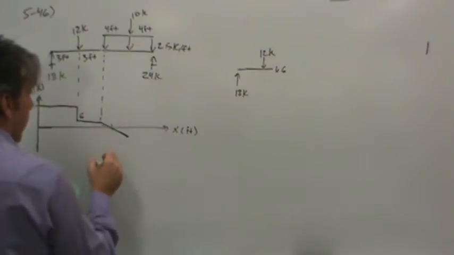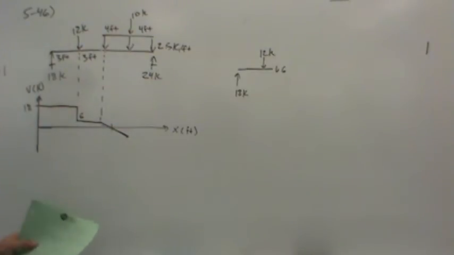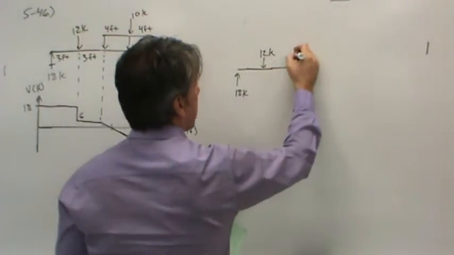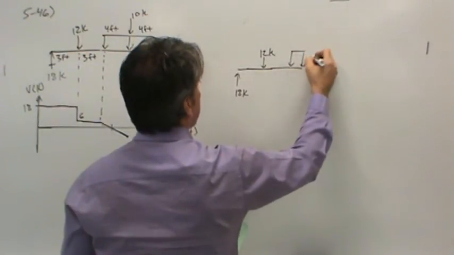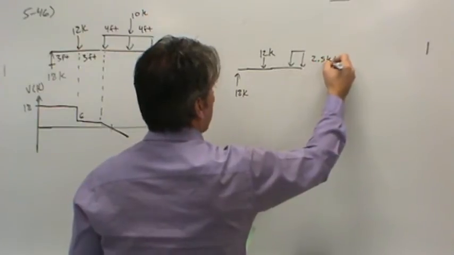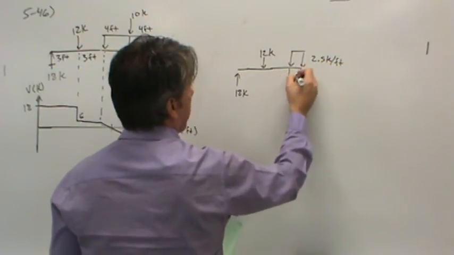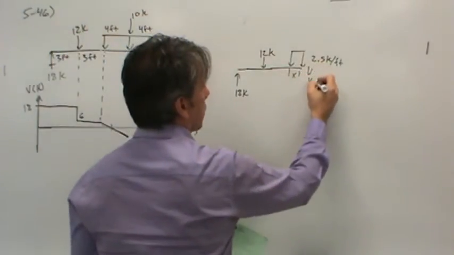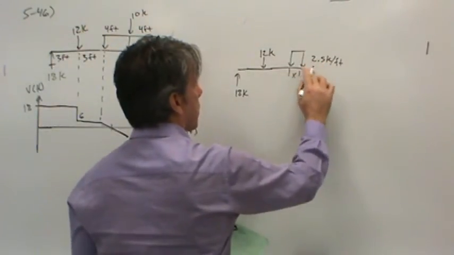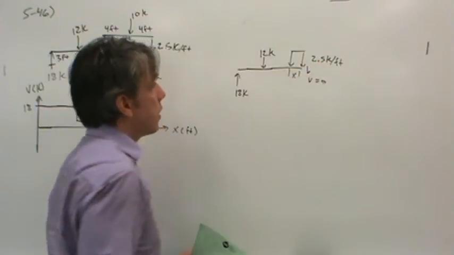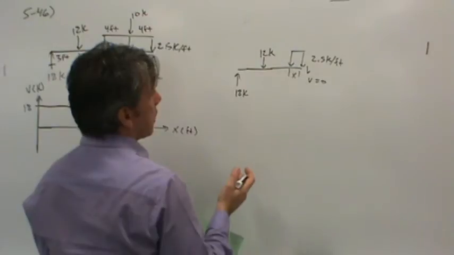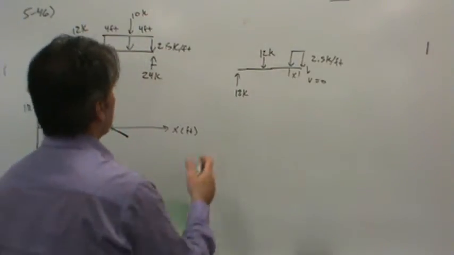Now, we'd like to know where the crossing occurs. But what is the crossing? Well, the crossing is where we've got just enough of this 2.5 kip per foot load, is how many feet, let's call that x, so that we need no shear, so the shear is 0. So where does that occur? Well, remember the shear was 6, right?